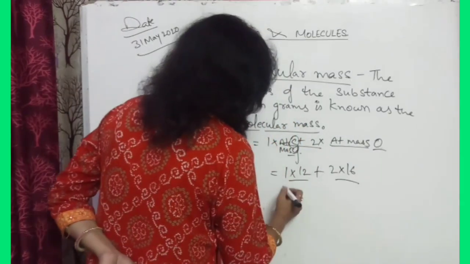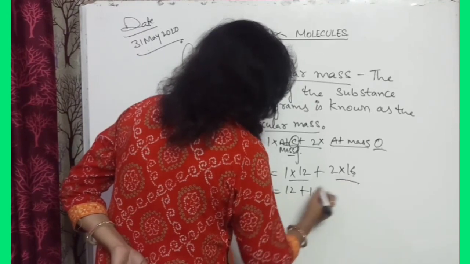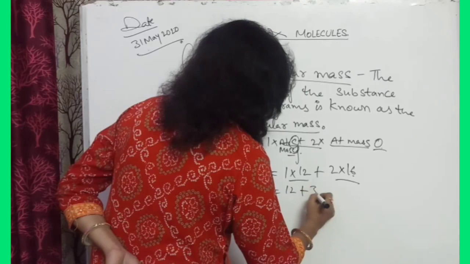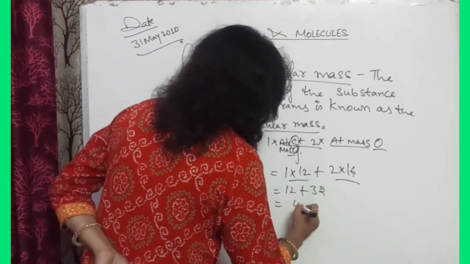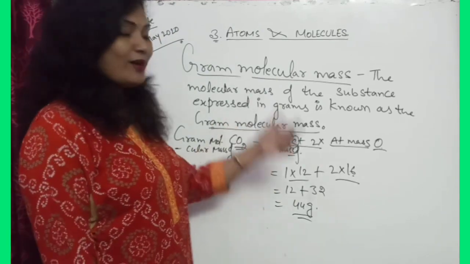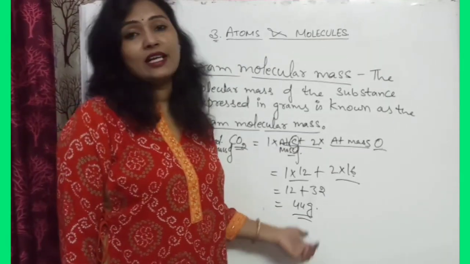Then you will get 12 plus 32, so 44 gram. That is the gram molecular mass. So it is represented in gram.